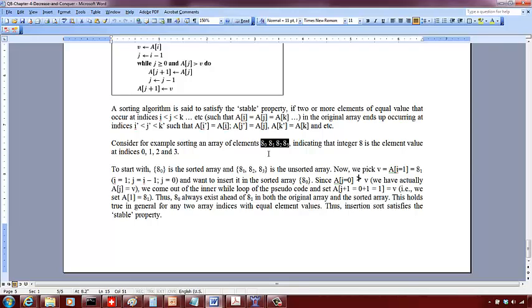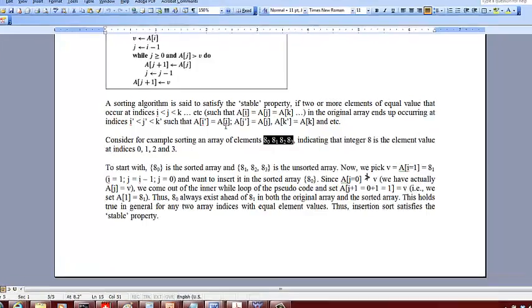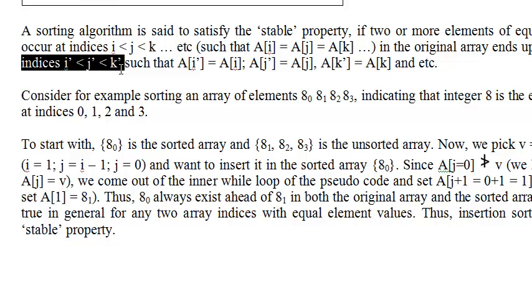Okay, so the array could have some other elements too, but still, as I say here, if i is less than j less than k, and a of i equals a of j equals a of k, then a of i moves to a of i prime, a of j moves to j prime, a of k moves to k prime, such that this kind of relative ordering still holds good.